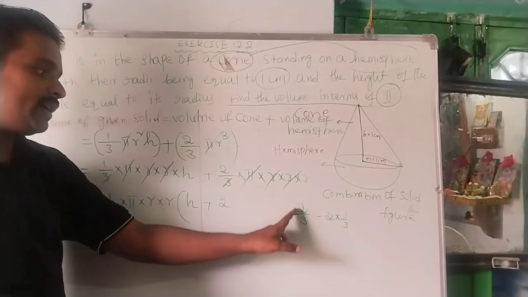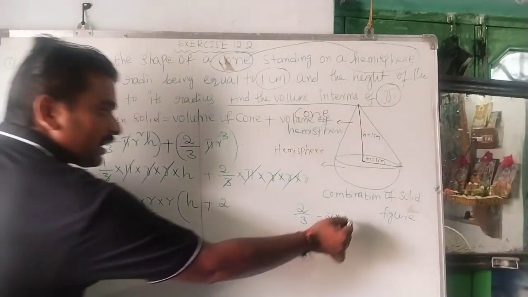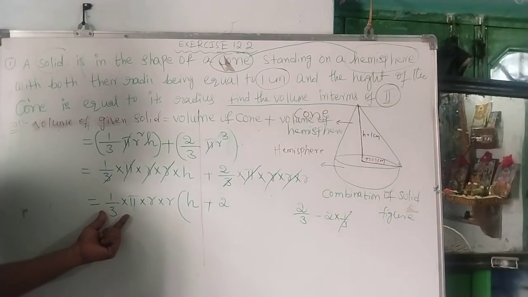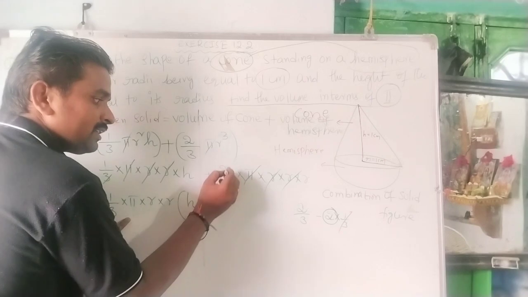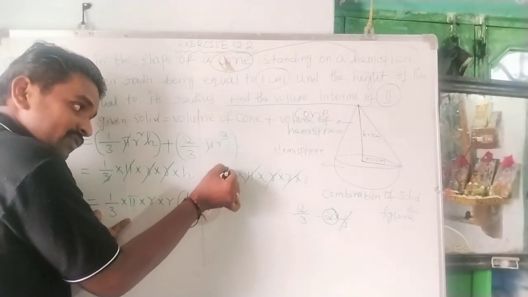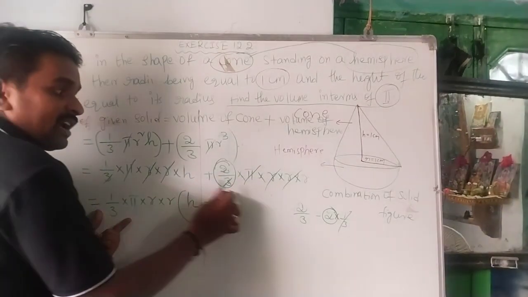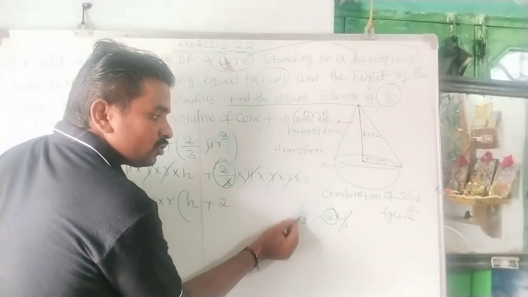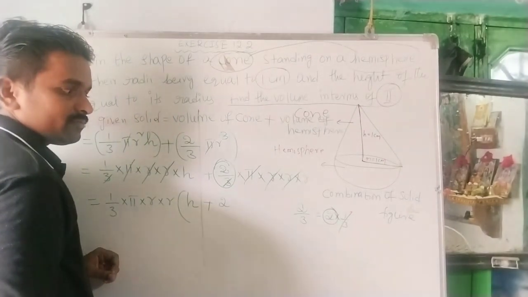Can we write 2 by 3 as 2 into 1 by 3? Yes. Already we have taken 1 by 3 as common, so which one is left? 2. I will give you a very good example. 2 by 3 means 2 into 1 by 3.